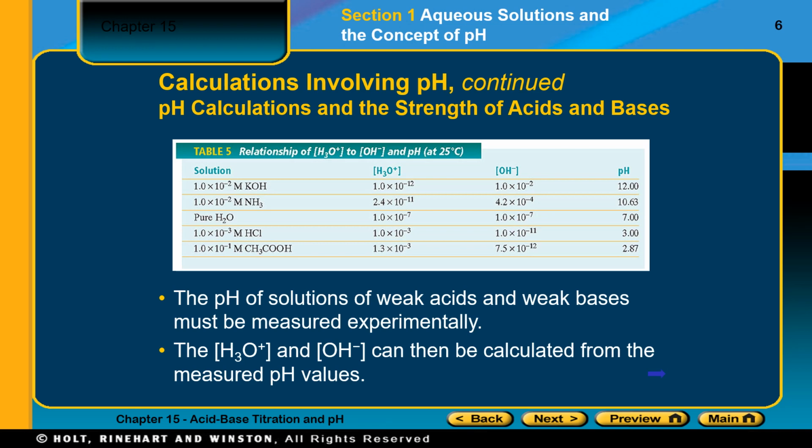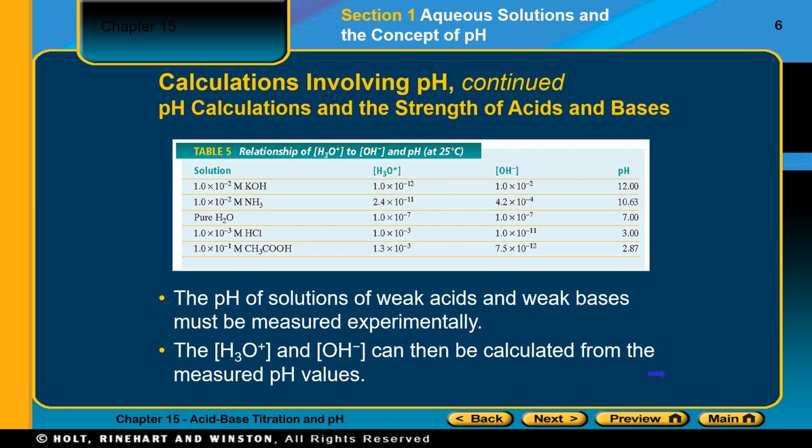So in these relationships that we have between the hydronium ion concentration, the hydroxide ion concentration, and pH, we can look at some of these examples that we have here.